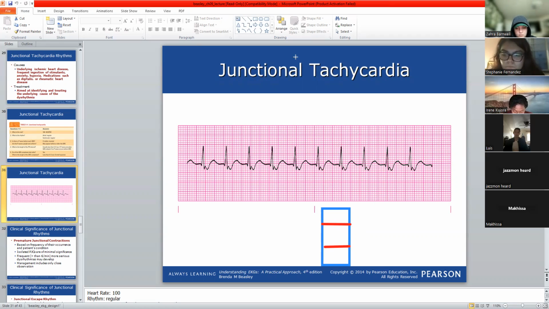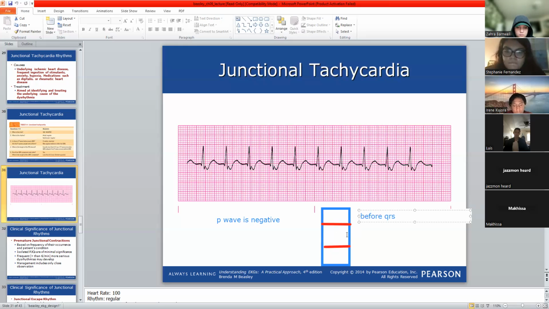So what should we know? We have to know that all the time the P wave is negative. If I get the P wave coming from the upper source, it will be here before the QRS.